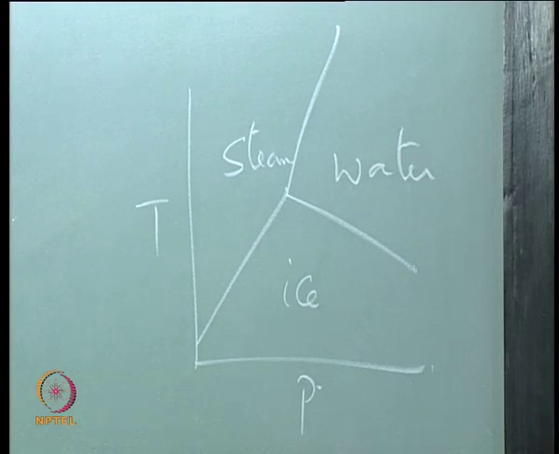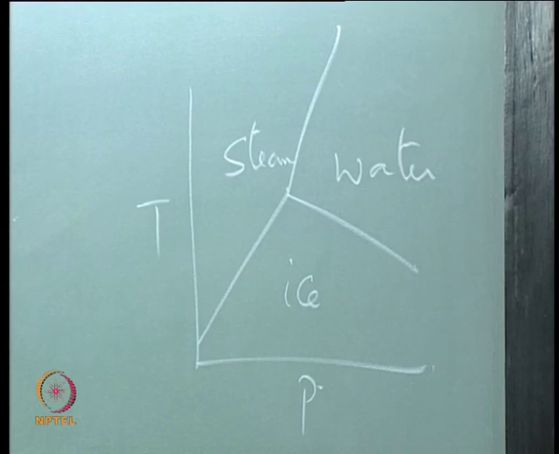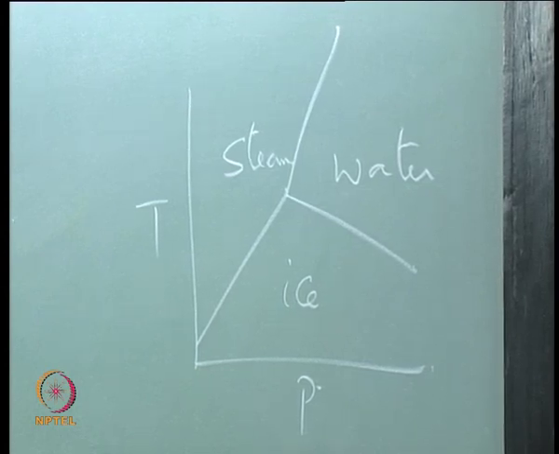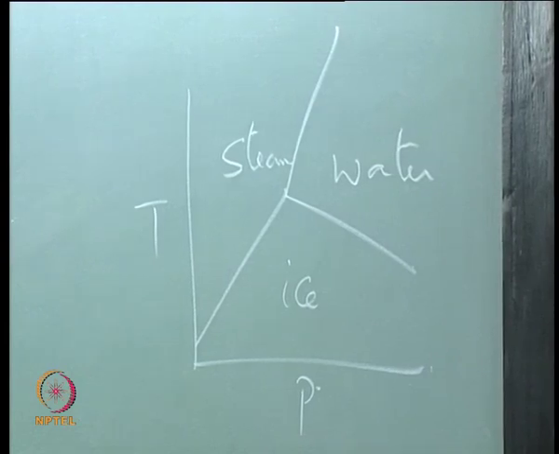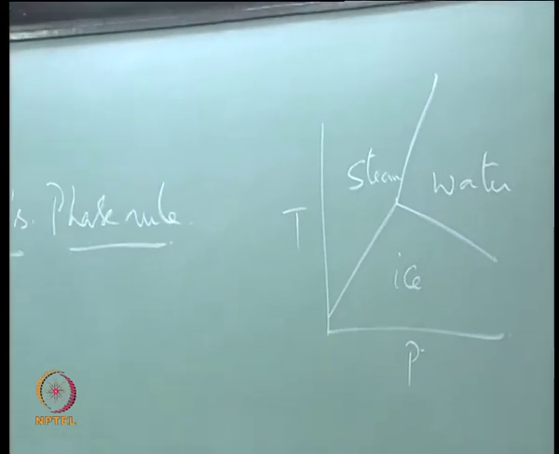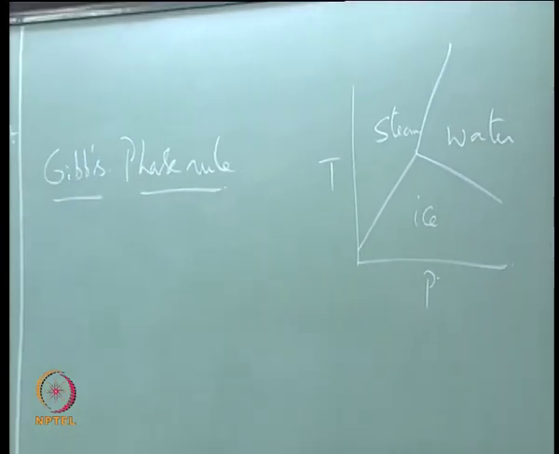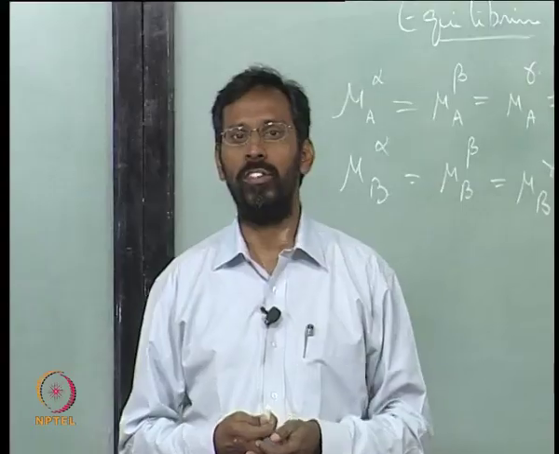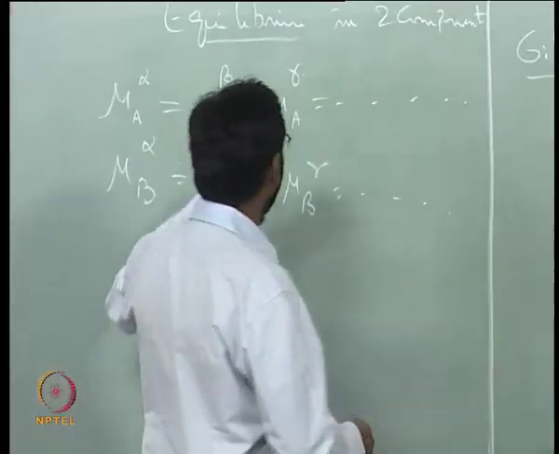Phase rule talks about the degrees of freedom, the independent variables that are available for any system at any given condition of temperature and pressure. The total number of variables in a system is always related to the number of components.